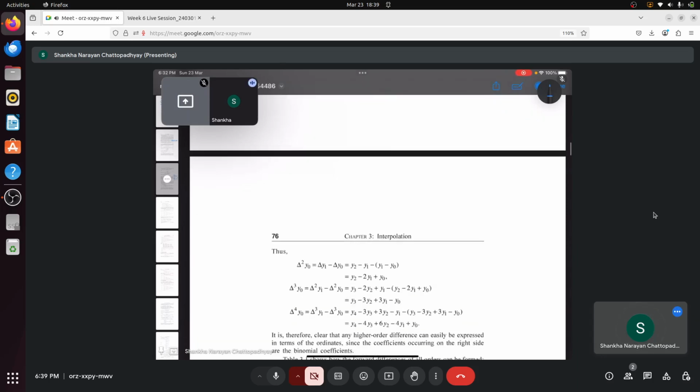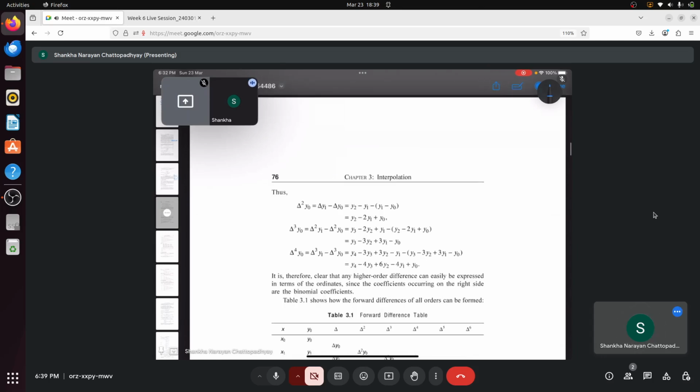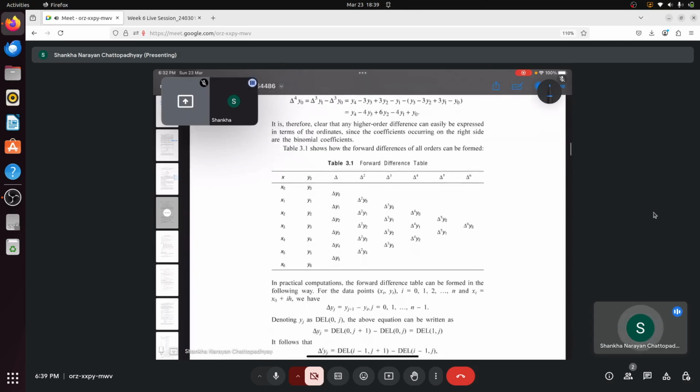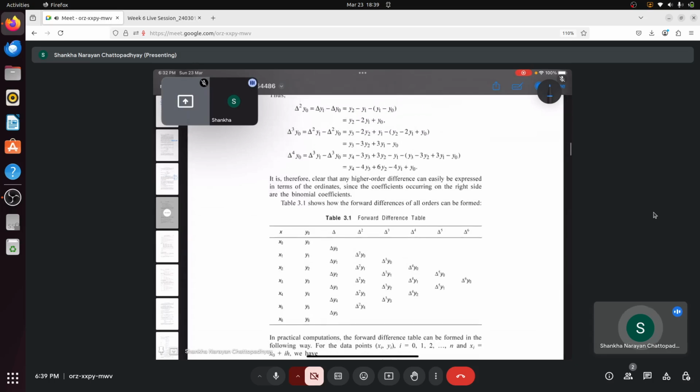Now I will go into detail, mostly on Newton's forward difference interpolation formula first. Similarly you can have backward differences also, where the differences are calculated in the reverse order.